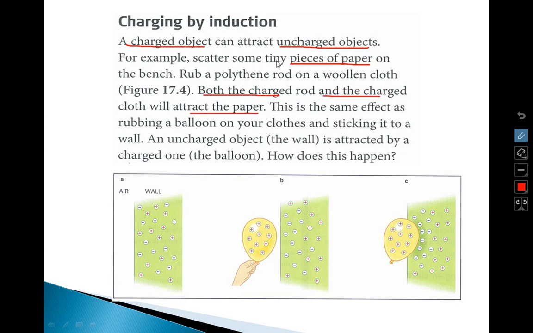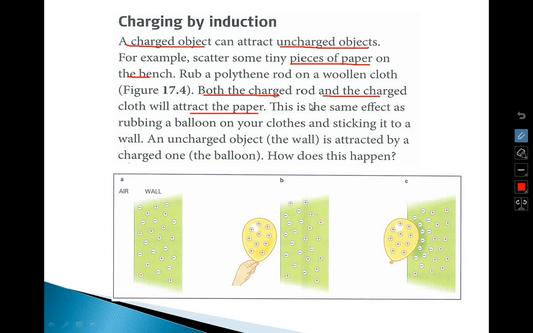If you put some teeny pieces of paper on the bench, like here in this figure, and then what we'll do is rub a polyethylene rod on a woolen cloth, as in this figure.